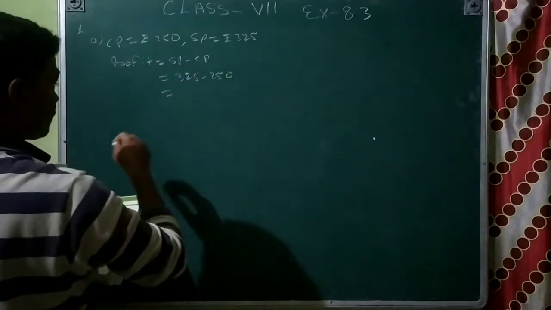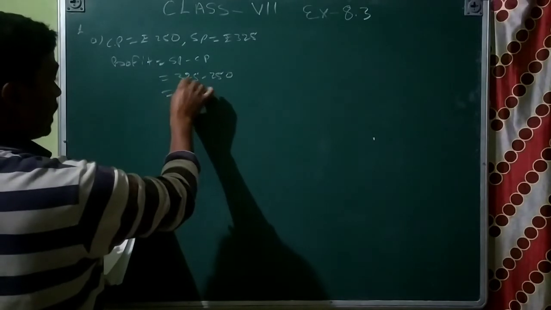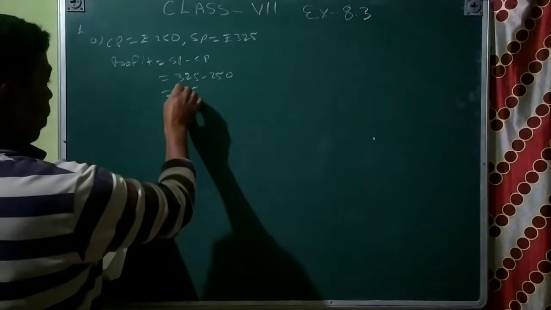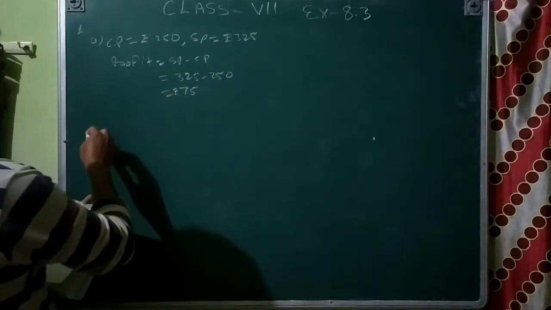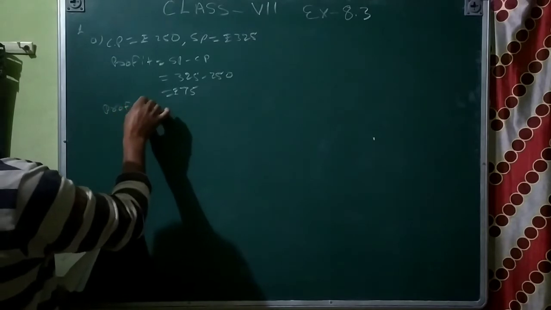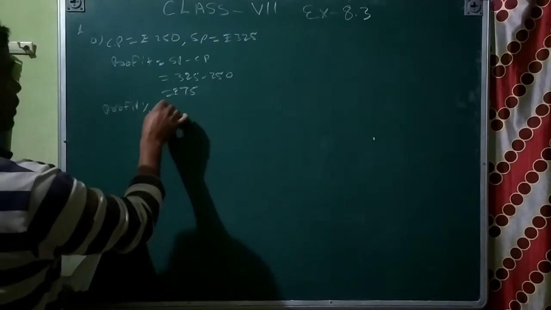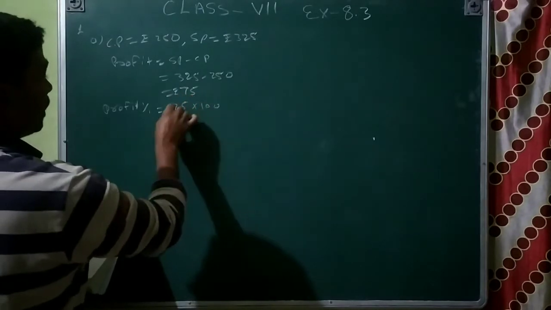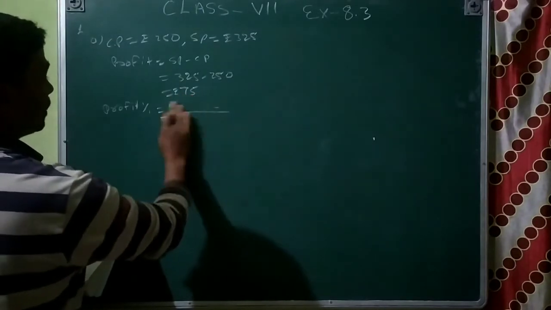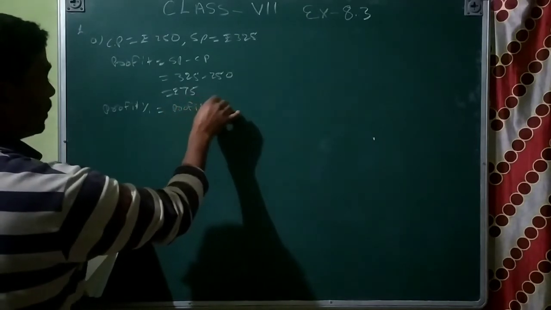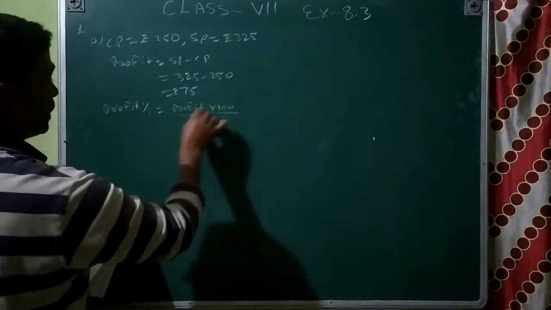That will be 75 rupees. And then profit percent is equal to profit multiplied by 100 upon CP.